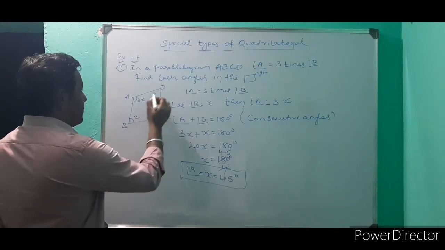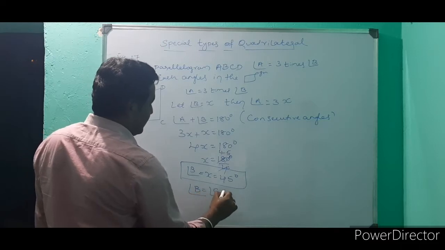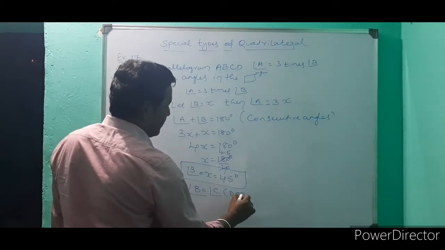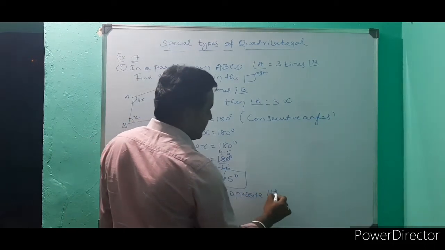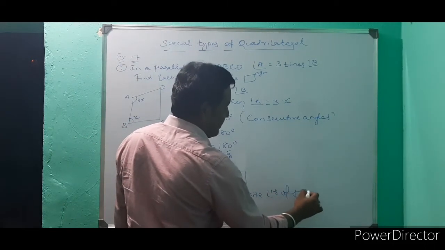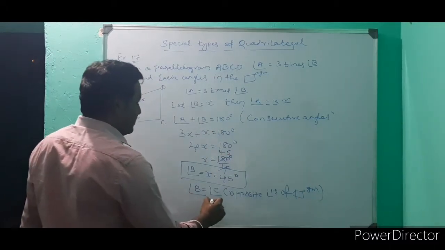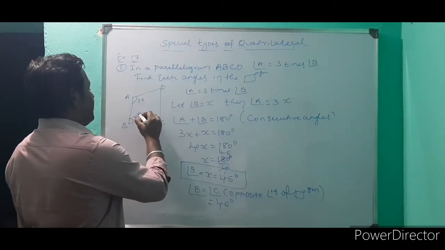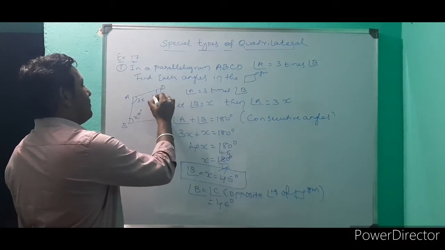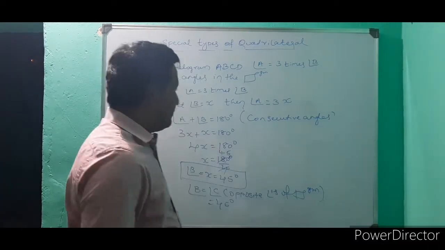If angle B is 45, then angle B is equal to angle C, opposite angles of a parallelogram, so this is also 45.